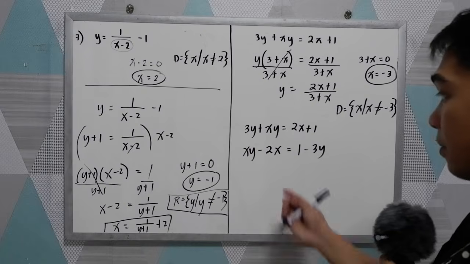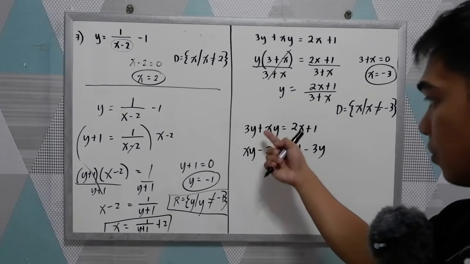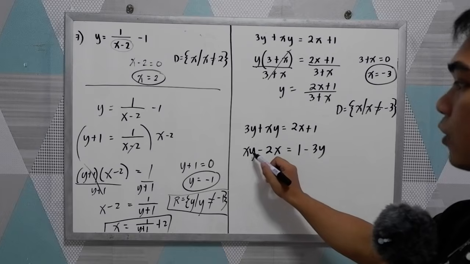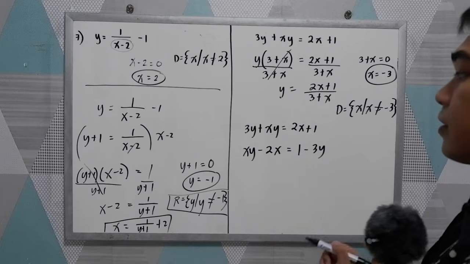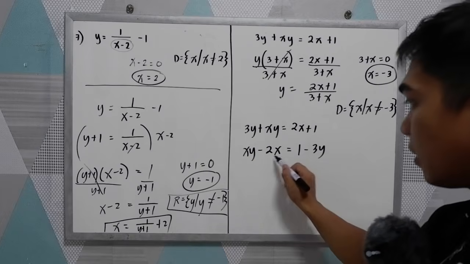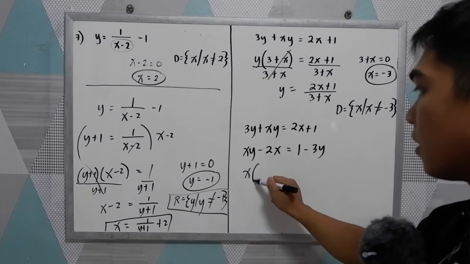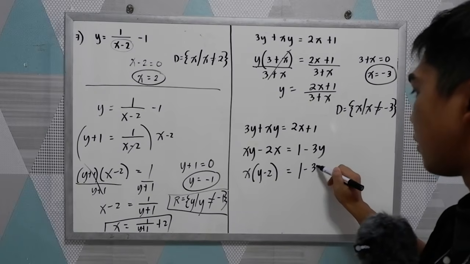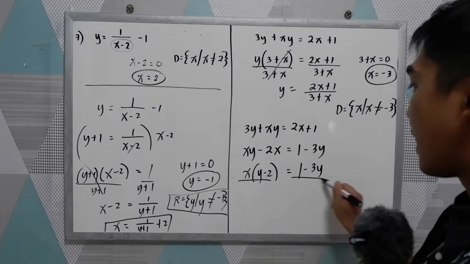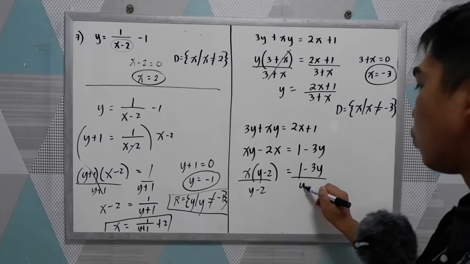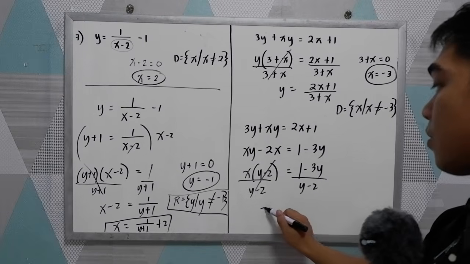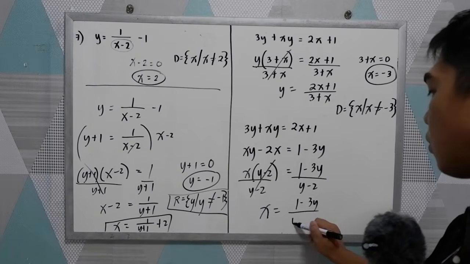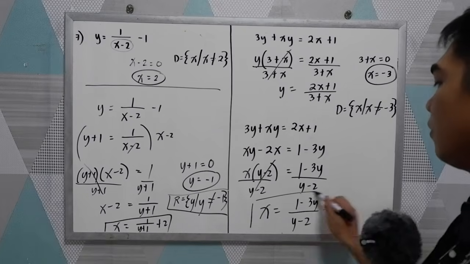We have x terms here, so moving them to the left, it will become xy minus 2x. Now get the common factor, in this case, x. So x times y minus 2 is equal to 1 minus 3y. Divide by y minus 2. So x is equal to 1 minus 3y all over y minus 2.